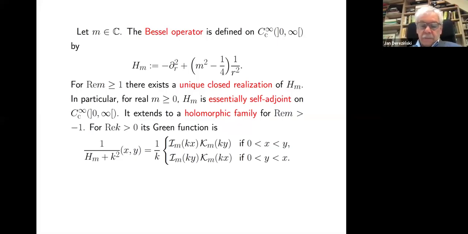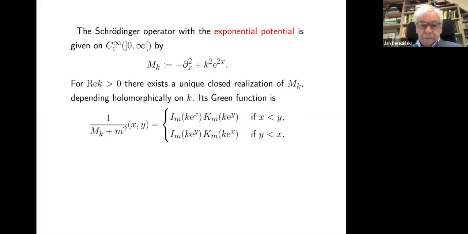The next species. Consider the exponential potential. The kinetic energy plus the exponential times a coupling constant, which is written as k squared.